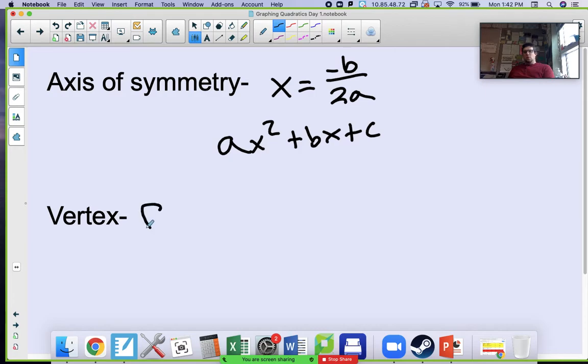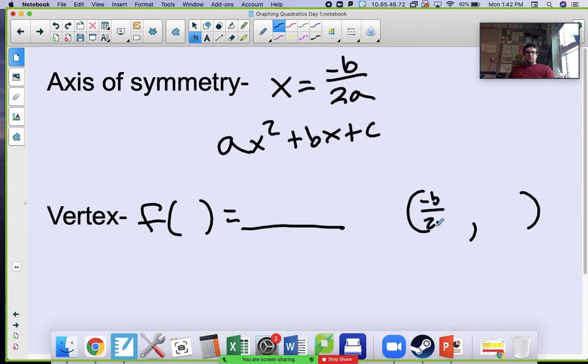Then we plug that number into our function and solve to get the vertex, a coordinate point on our axis of symmetry, and we get whatever that number is when we plug it into our function.